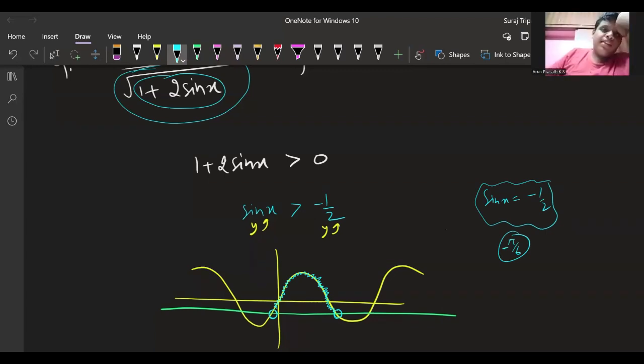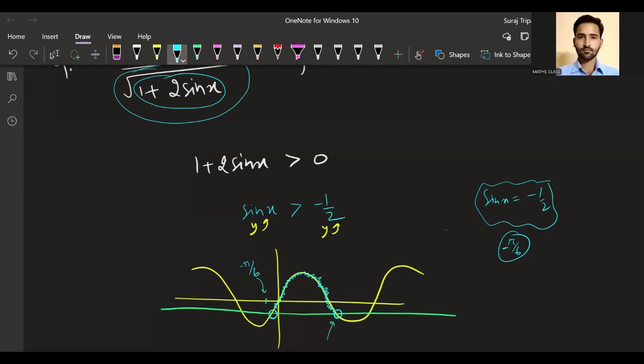Because sin pi by 6 is 1 by 2, and if value is negative, then angle will be negative. So this point is minus pi by 6.